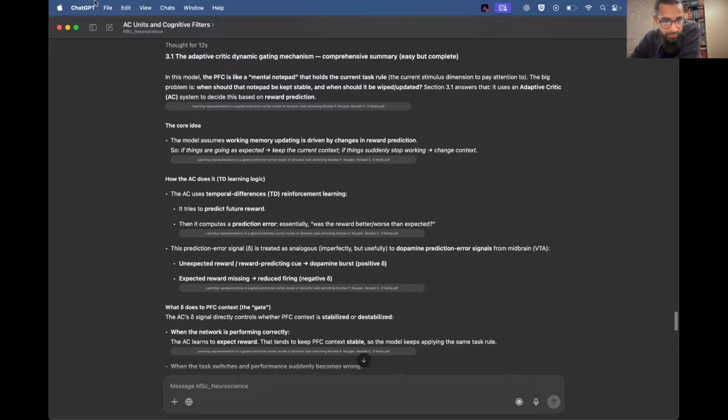Adaptive critic dynamic gating mechanism.